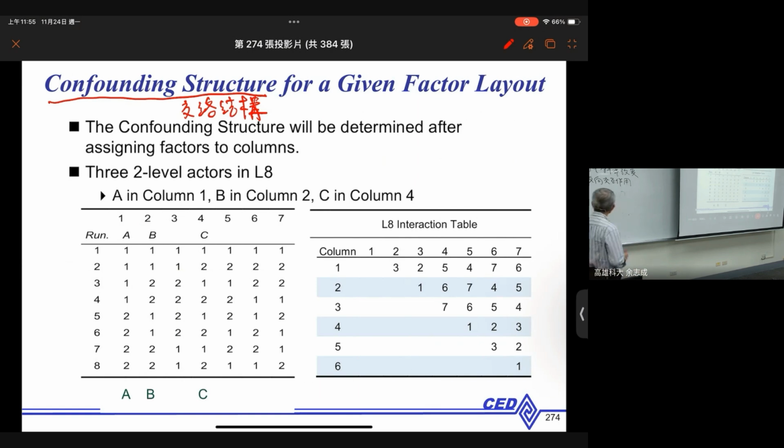So here you can find out the interaction AB will be in column 3.